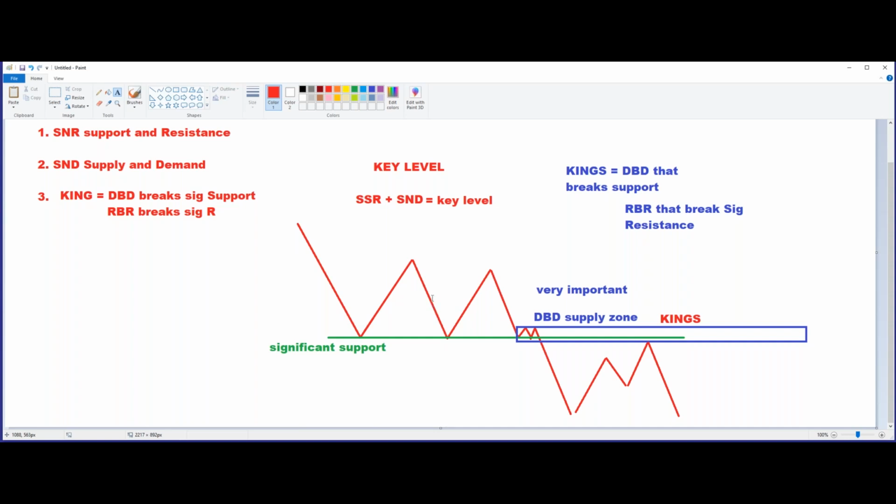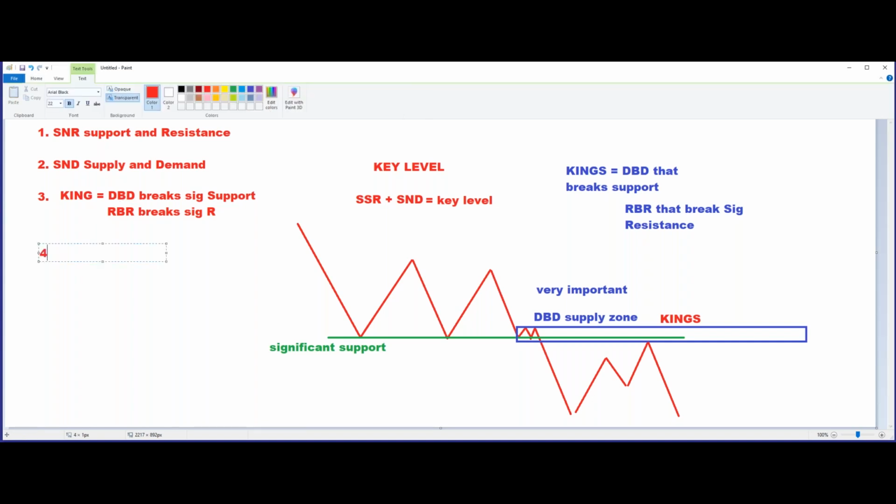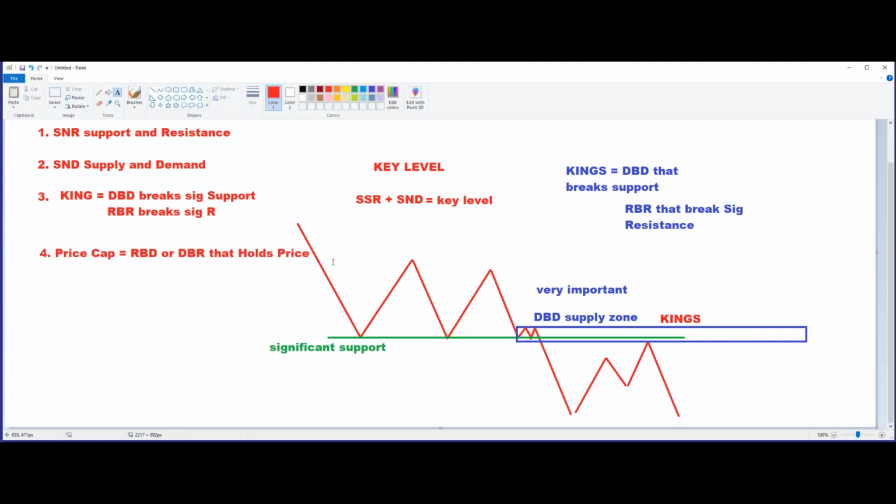Yes, it can be a rally-based drop, it can be a drop-based drop, but usually a king is a drop-based drop, because later in advanced mode we will learn price cap. Price cap is a rally-based drop or drop-based rally that holds price.